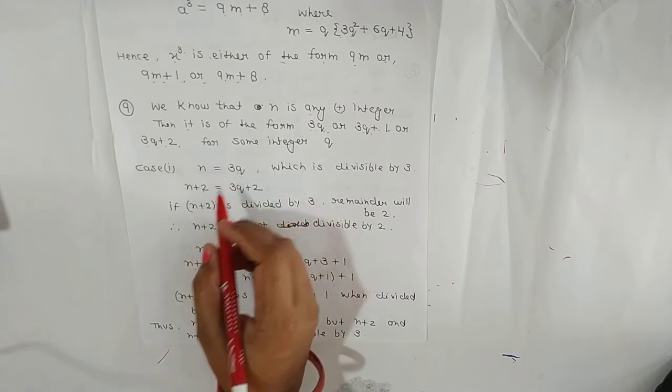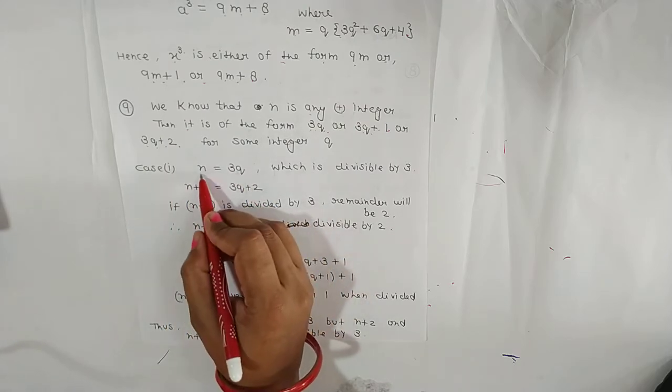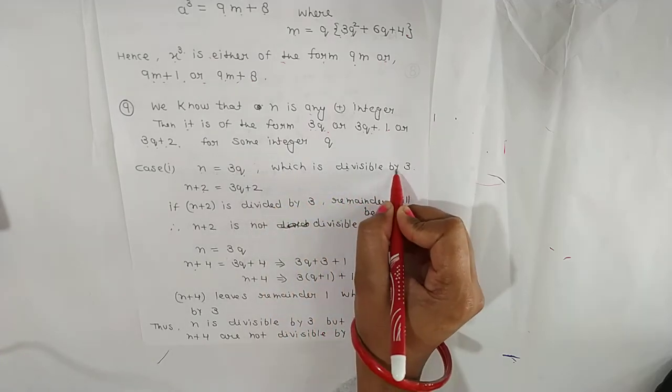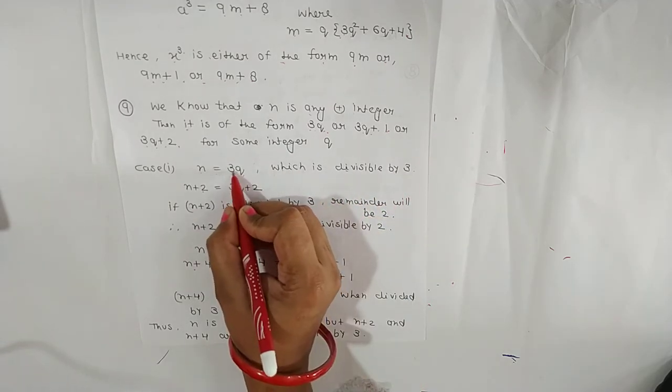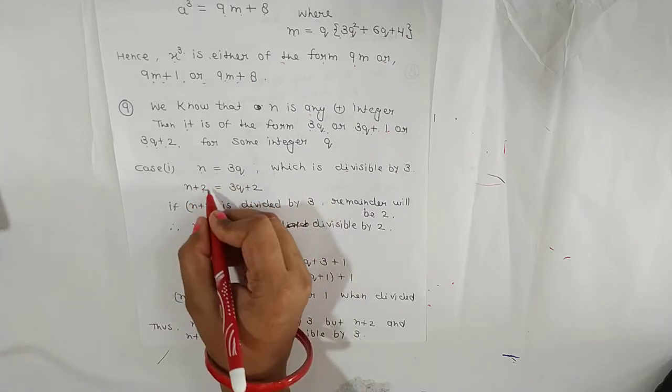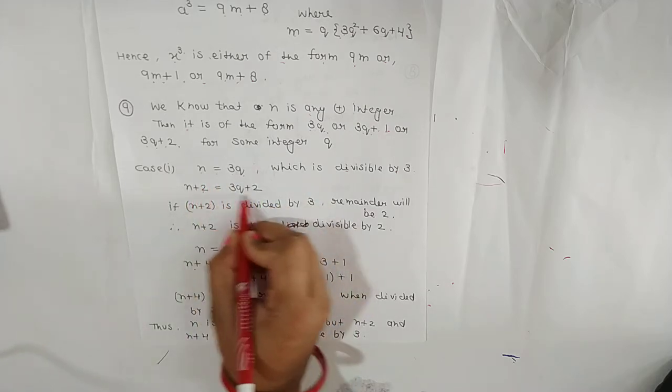So the first case is n equals 3q, so it is divisible by 3, yes, because it is multiplied by 3. When we add 2 to it, it is not divisible by 3.